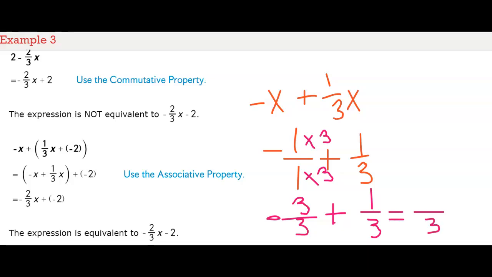Our denominator stays the same. So we have negative 3 plus 1 will give me negative 2. So now we have negative 2/3 x, after we add that together, plus the negative 2 that is there, and that is using the associative property. So that expression is also equivalent to the original expression. Let's move on to the try it.